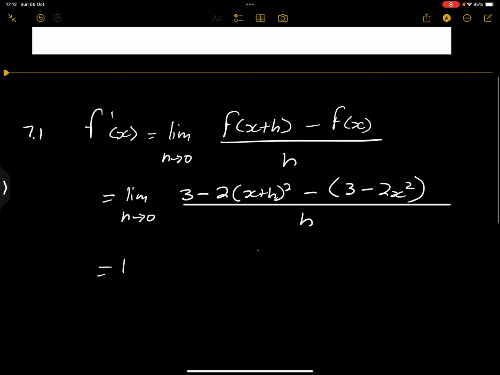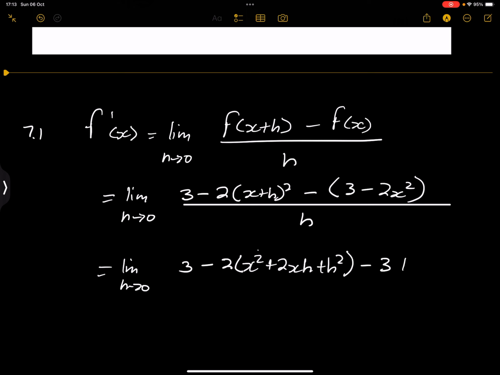So this will give us the limit as h tends to 0 of 3 minus 2 into (x squared plus 2xh plus h squared), minus 3 plus 2x squared.